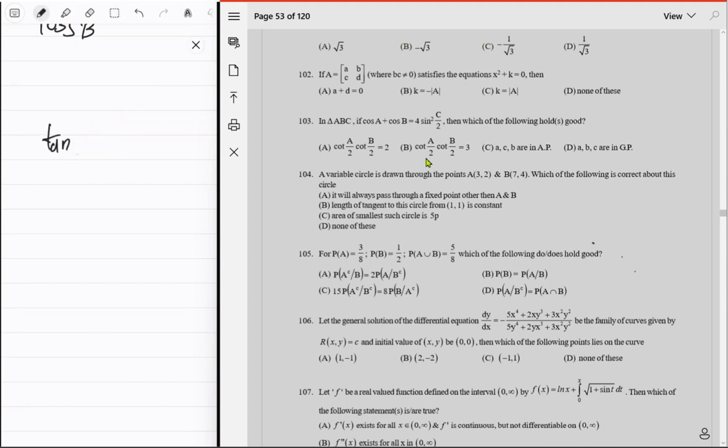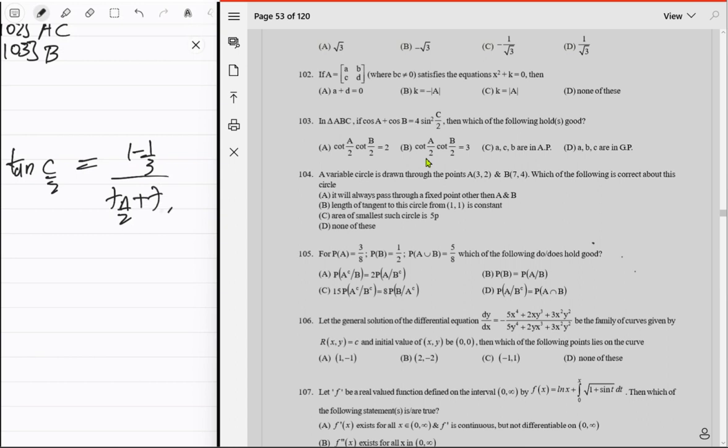Tan of C upon 2 in that case is equal to 1 minus tan A upon 2 tan B upon 2 over tan A upon 2 plus tan B upon 2 or something. That's just 2/3. Not really helping, is it? No, it's not helping. Not good. I need some other method.